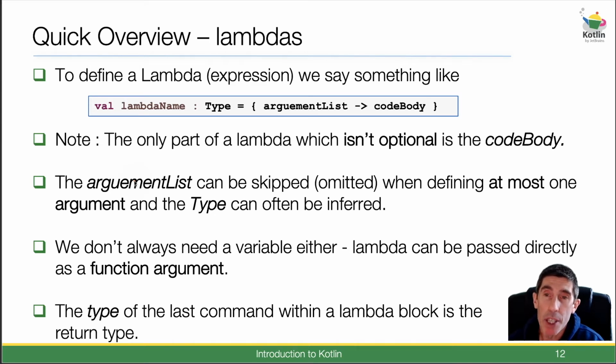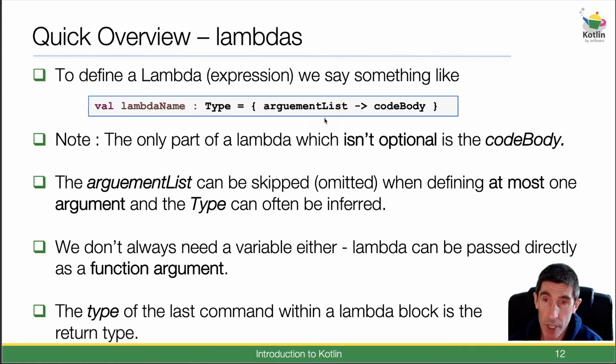So the point to note here, the only part of a lambda which isn't optional is the code body. So we only need this bit here, really. That's mandatory, or that's required, should I say. All the rest, so even declaring it as a variable, deciding on its type, passing in an argument list is all optional.